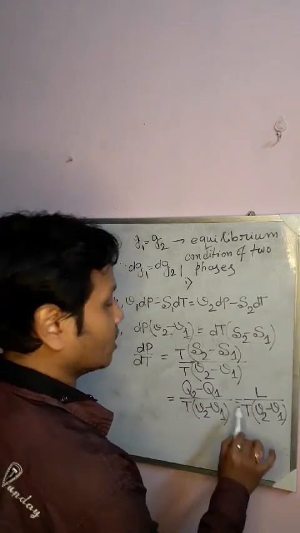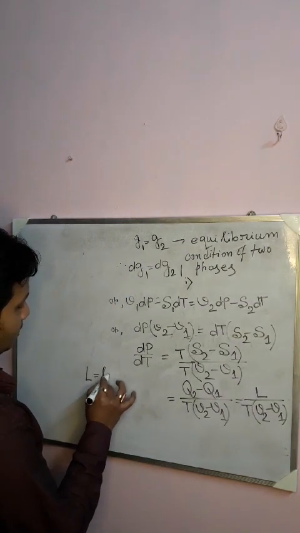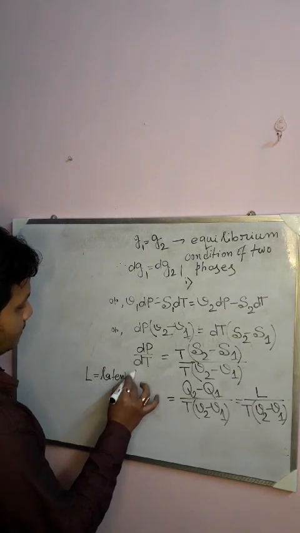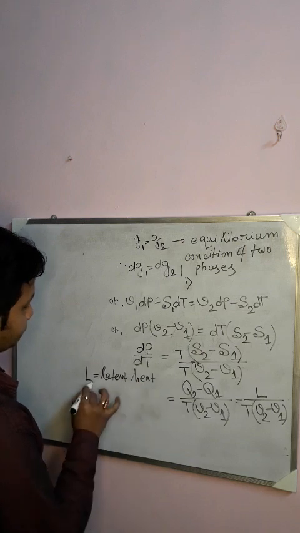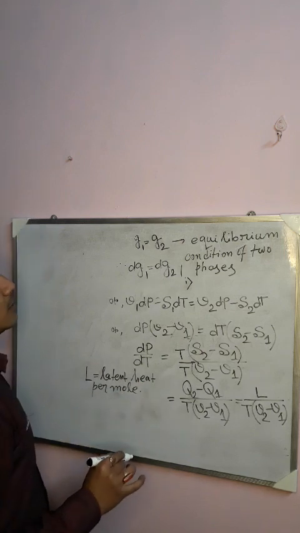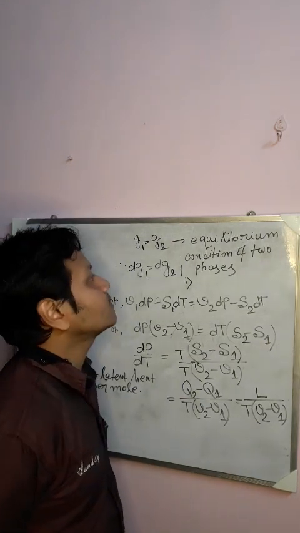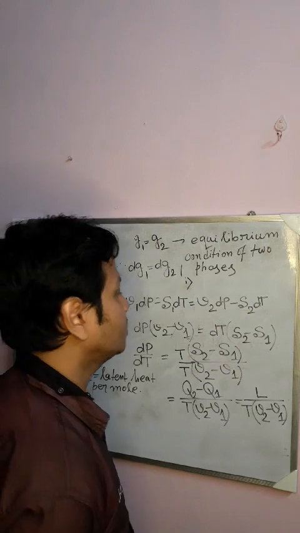Okay, so we arrived at the Clausius-Clapeyron equation. So thus we also arrive at Clausius-Clapeyron equation from the concept of equilibrium condition between the two phases.